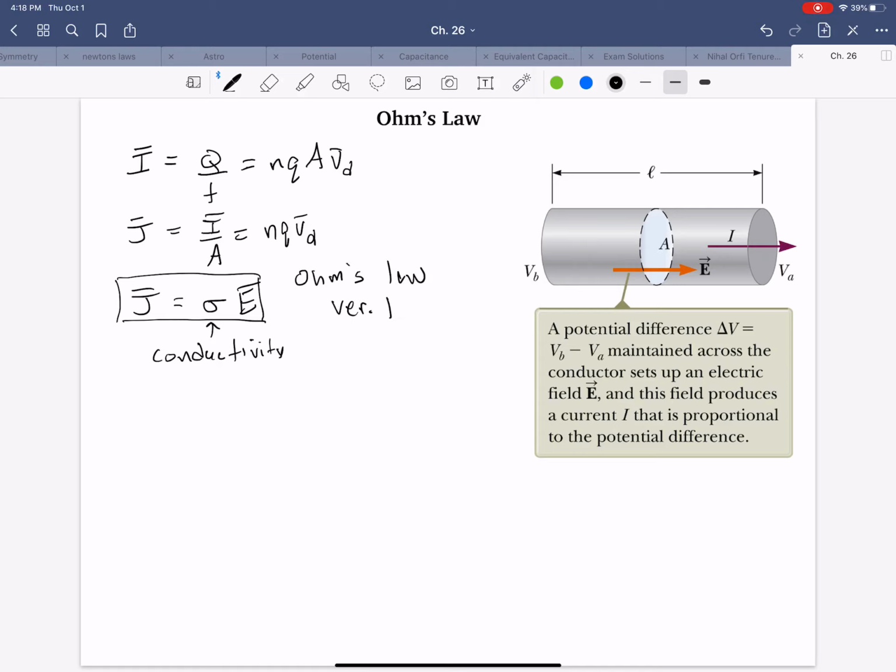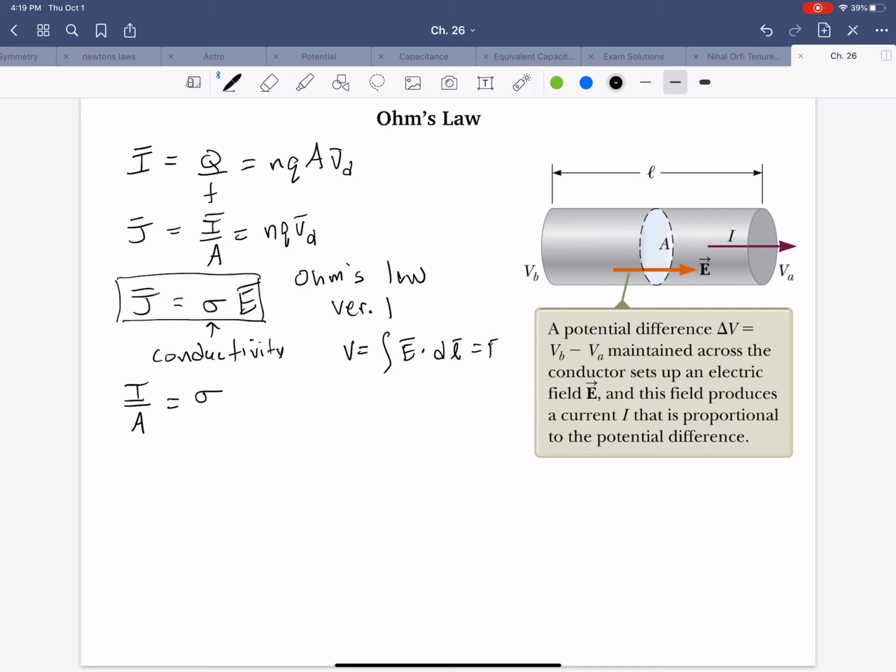Ohm's law version 1. Let me show you not a better way, but a different, more common method to write Ohm's law. Let's rewrite J as the current over area, unvectored for right now, and sigma is there. The electric field in the wire, going back two chapters, I think, potential is the integral of E dot dL, I'm going to use L because that's what my picture is in terms of.